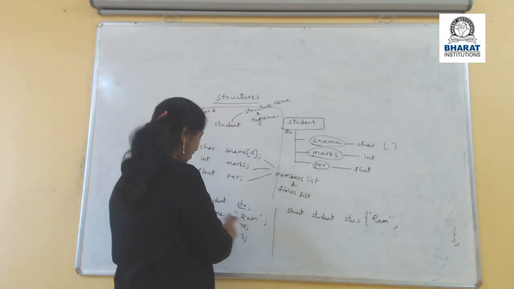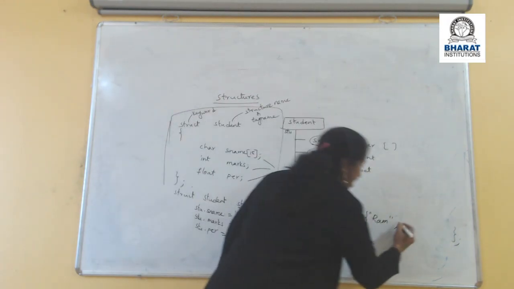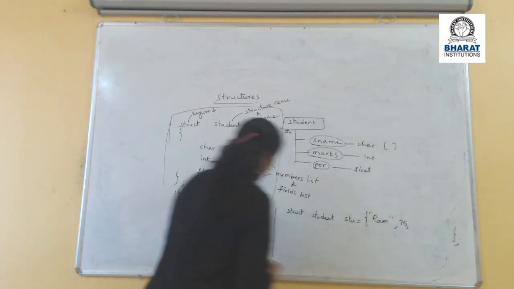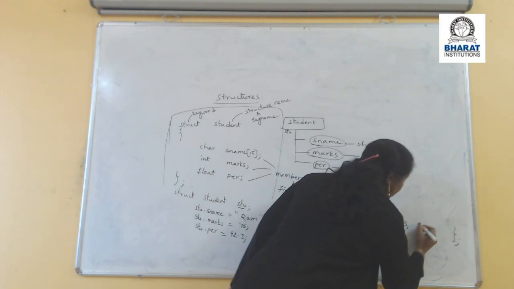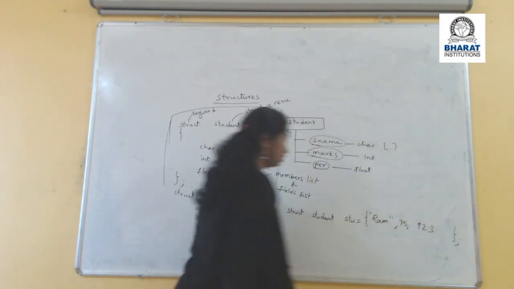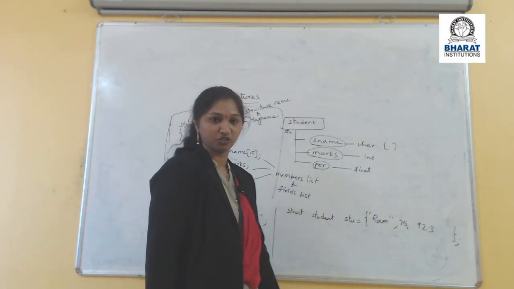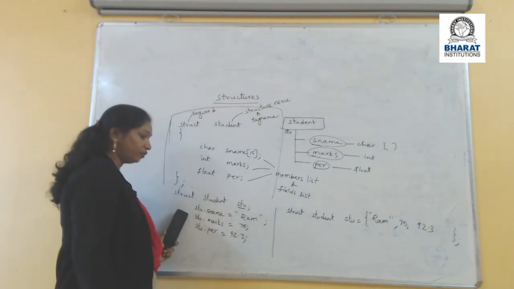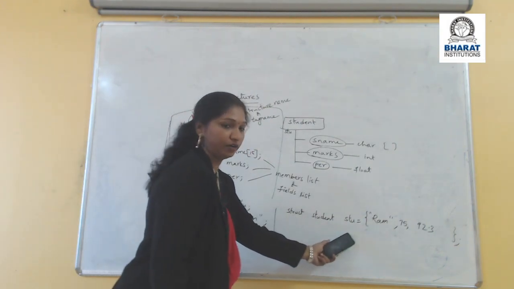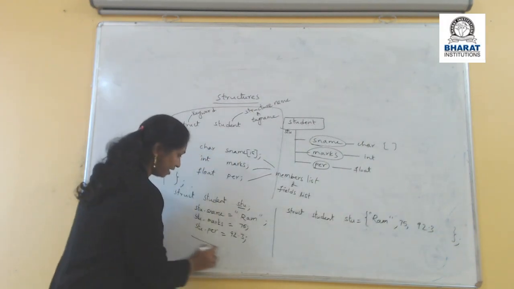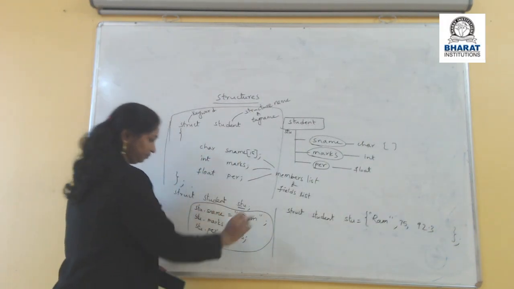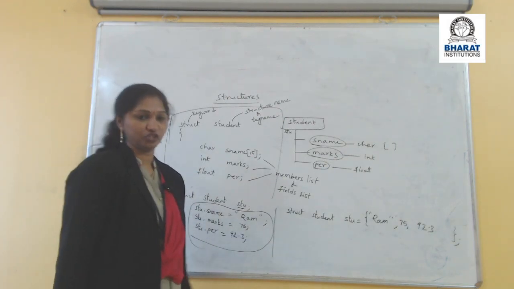What is the next field? Marks. Here I took marks as 75. The next field is percentage, which is 92.3 as I took in the previous example. In this way also we can initialize the structure. This is one way to initialize and this is another way to initialize. Now we can also access the structure members in the same fashion.